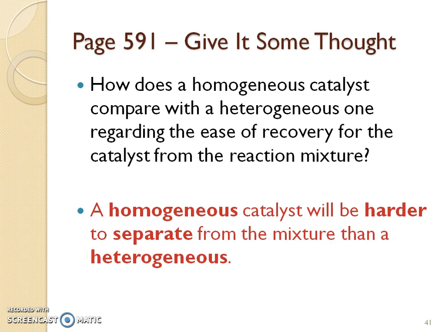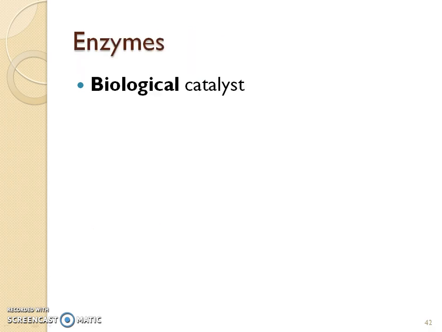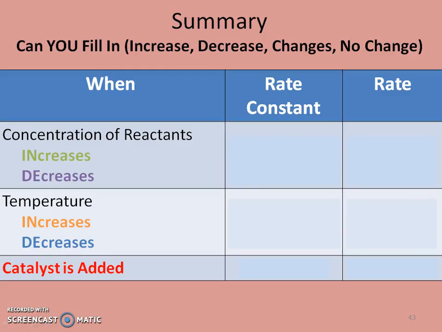Homogeneous would be harder because they're both in the same phase, so it's going to be harder to separate the two, versus heterogeneous, it'll be easier to separate that salt per se, solid, or let's say a piece of metal, let's say, from water. And of course, there's those biological catalysts that are very important in biochem.